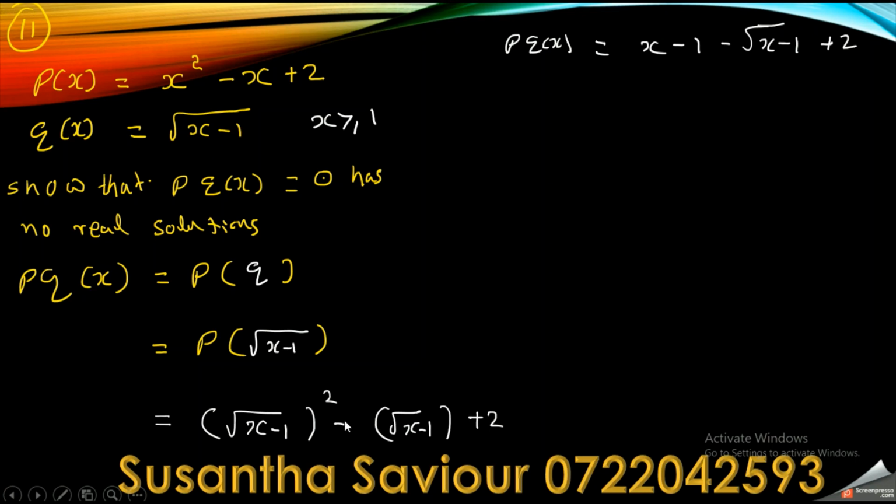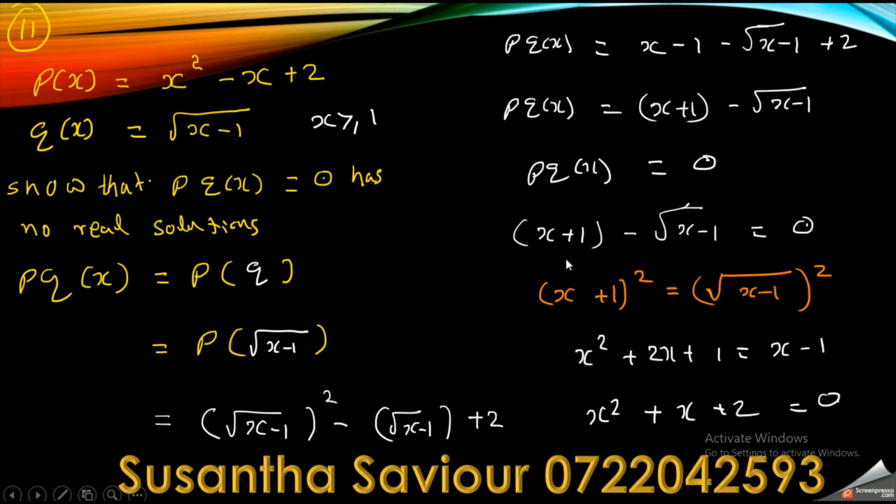When you square this, it is equal to this, and you can take this as x plus 1 minus root of x minus 1. Now we have to consider pq(x) equals 0, right? So that means this is equal to 0. To simplify this one, what we do is we take this root of x minus 1 to the other side and square both sides. Then you get x squared plus 2x plus 1 on the left hand side.